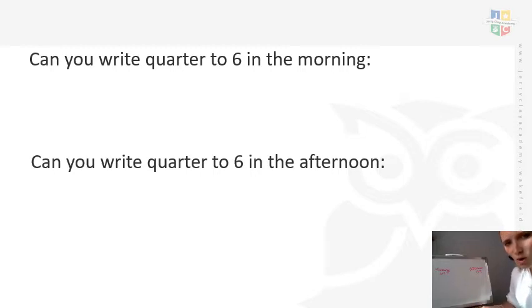So if we do 60, take away 15, we would have 45 minutes. But it will not be 45 minutes past 6 because we are trying to get to the 6. So which hour will it have passed before? It will have passed the 5, so it will be 5:45.